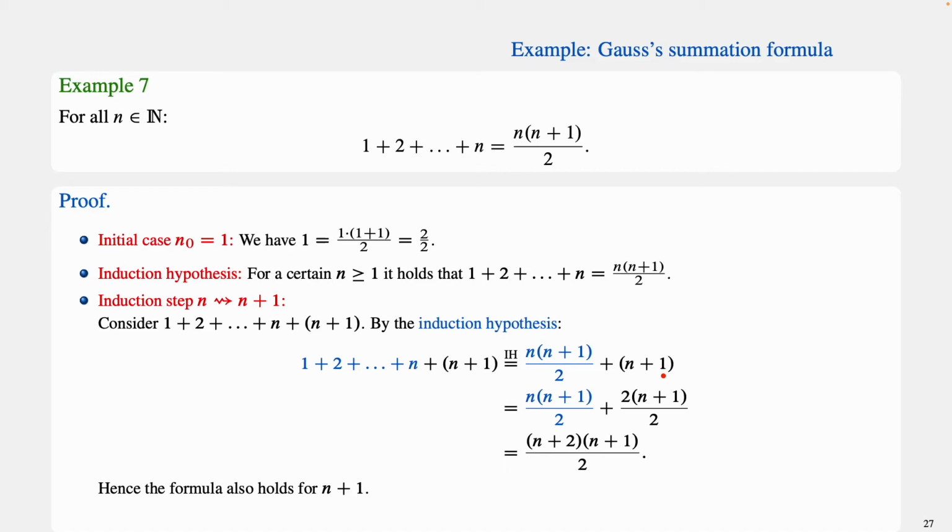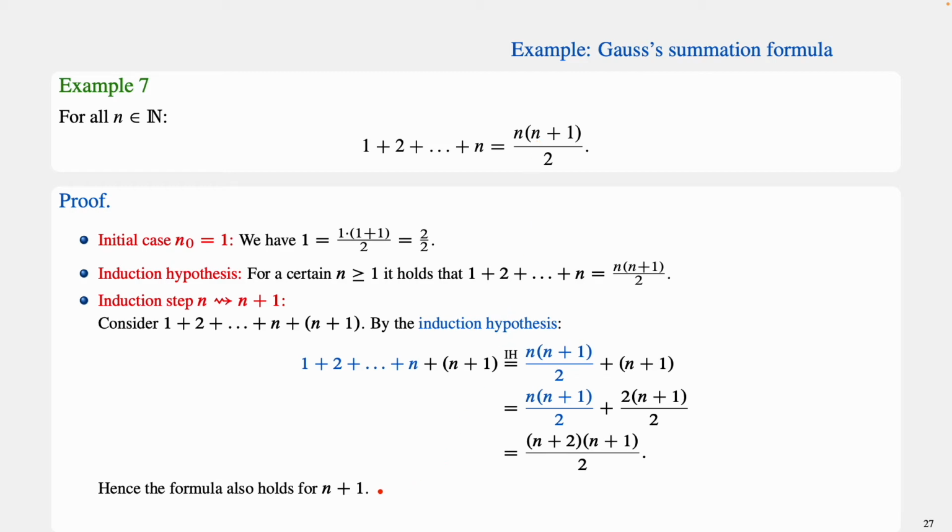Now I can play around with this. I multiply this by 2 and divide it by 2, so I have the same denominator here, and what I get is n plus 2 times n plus 1 divided by 2, and if you check, this is exactly the desired formula, but with n replaced by n plus 1.